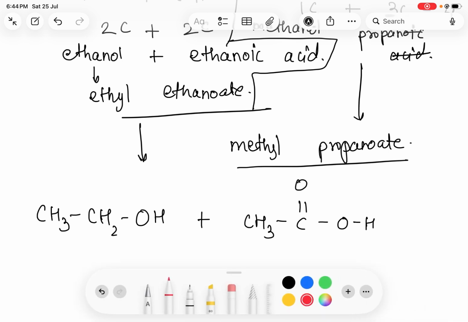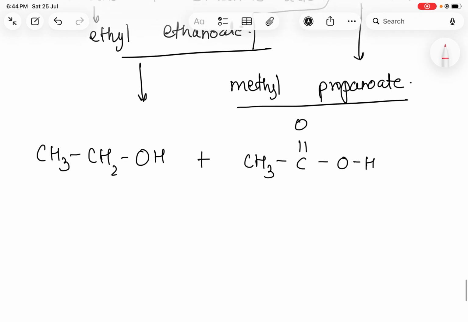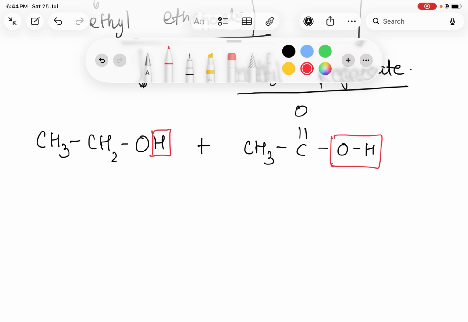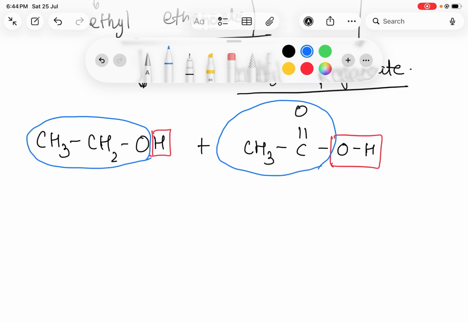From here, we will be removing hydrogen from alcohol, OH from carboxylic acid. Okay, and the remaining structure I am supposed to copy down. So it is CH3CH2O. This again I will have to flip and write because I have to connect the carboxylic acid with oxygen of alcohol, and it is CH3.